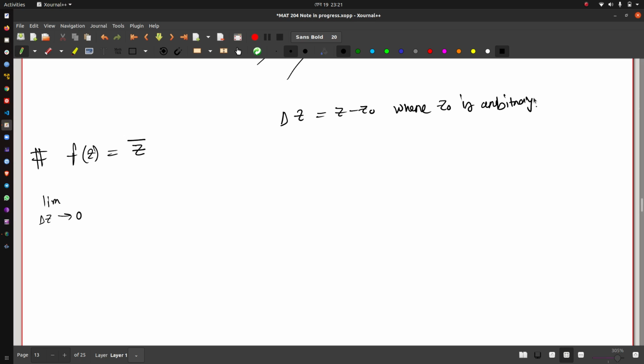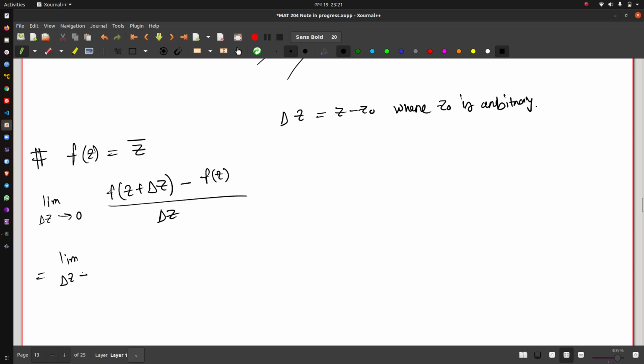That means it can be any point in the complex plane. So the limit as del z goes to 0 of f of z plus del z minus f of z, divided by del z.